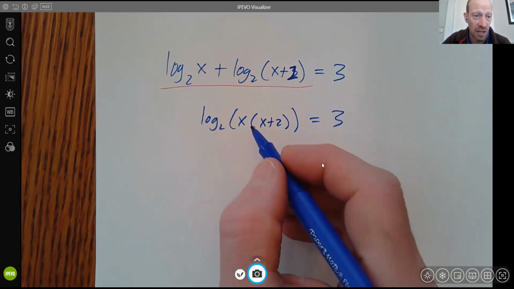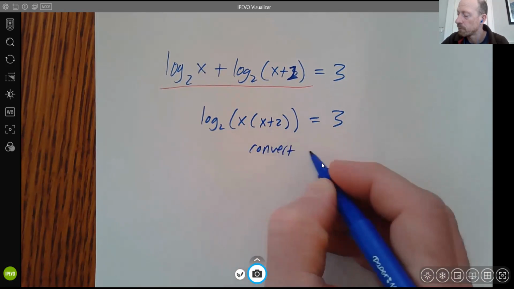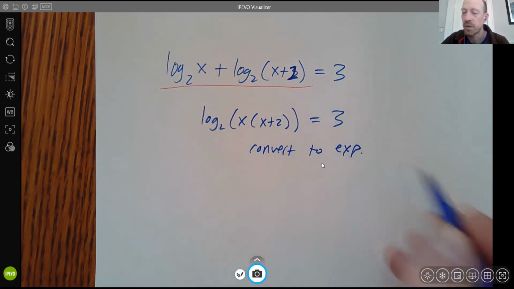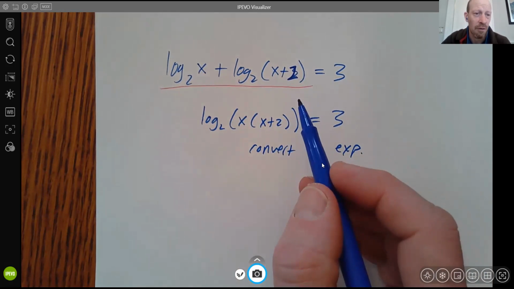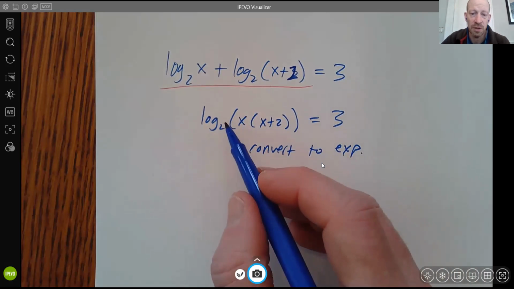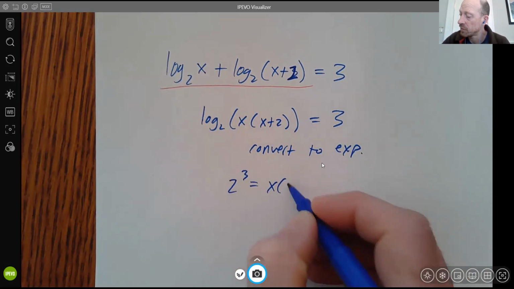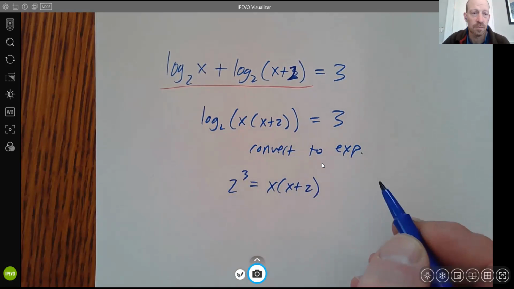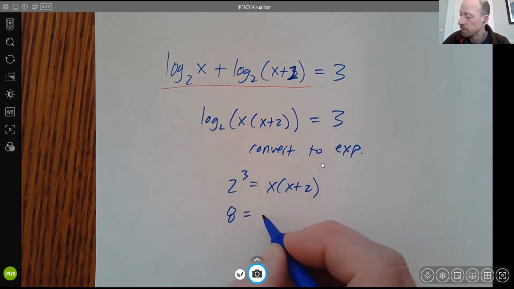And now that I have a single logarithm equal to a number, this is where I can convert it to an exponential. I don't know exactly what's going to happen here, but I don't like the logarithm. I'm optimistic that the exponential is going to give me something better. So the exponential would be 2 cubed equals x times x plus 2. Well, 2 cubed is just 8, so this is definitely an improvement.